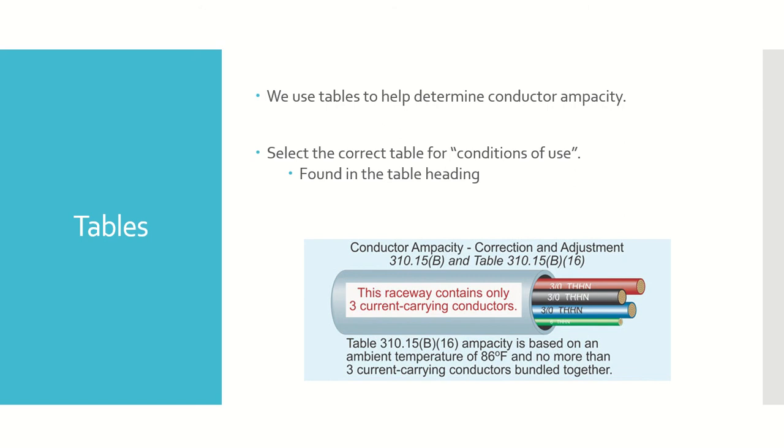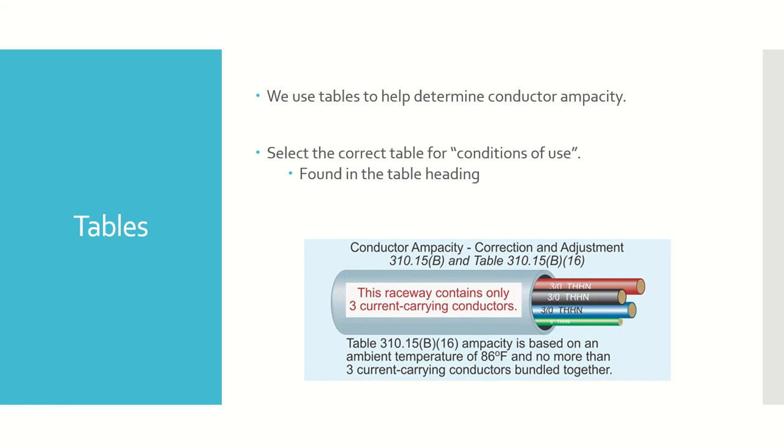So back to that table, 310.15(B)(16). You can see at the top, this table is actually named allowable ampacity of insulated conductors rated up to and including 2000 volts, 60 degrees C through 90 degrees C, not more than 3 current carrying conductors in a raceway, cable, or earth, based on an ambient temperature of 86 degrees.